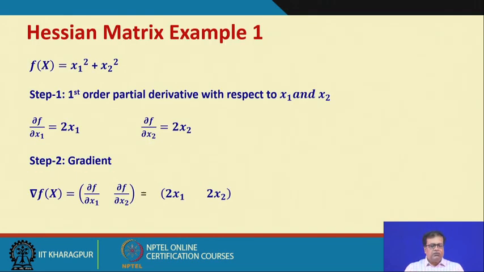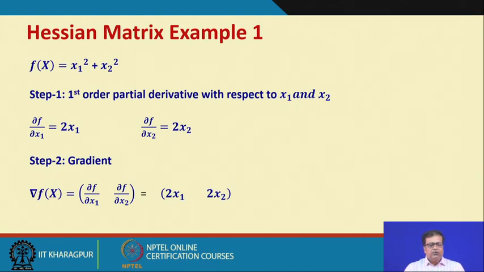Now, look how to really find out the Hessian matrix. So, let us take an example, that is f x equal to x 1 square plus x 2 square. First, we need to find out the gradient. What will be the gradient? What is the partial derivative of this function with regard to x 1, del f del x 1? Only the first term, is it not? So, we take the first term and we find the derivative and we get 2 x 1.